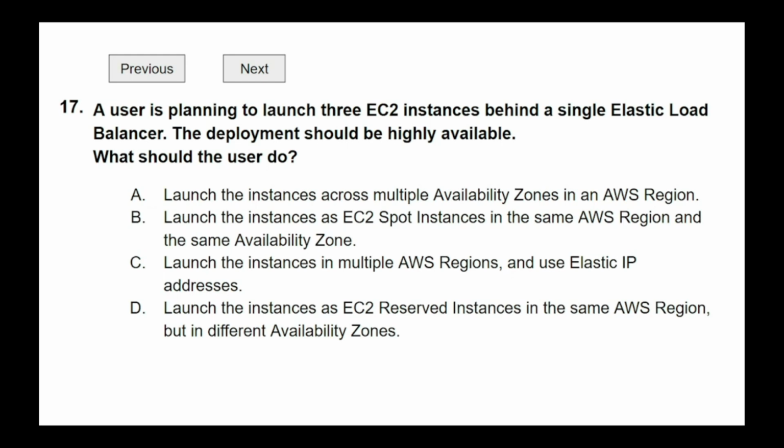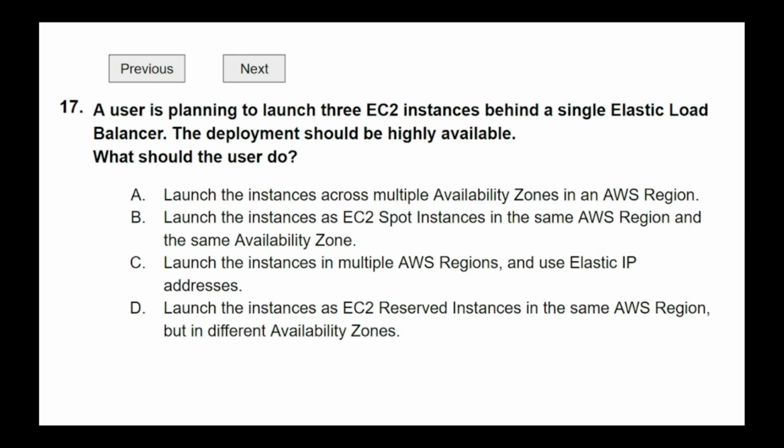Option B, launch the instances as EC2 spot instances in the same AWS region and the same availability zone. Option C, launch the instances in multiple AWS regions and use elastic IP addresses. Option D, launch the instances as EC2 reserved instances in the same AWS region but in different availability zones.